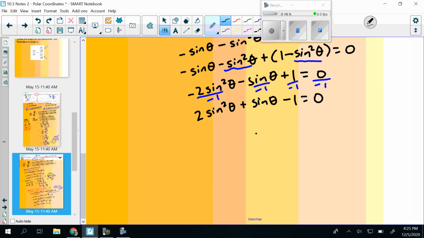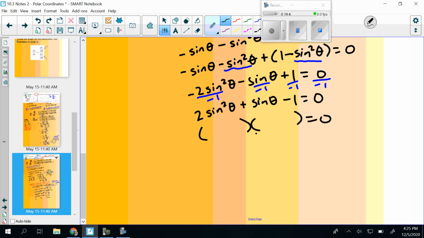This is now factorable. We can factor this one into two terms here. And so this would be a 2 sine theta times a sine theta. Now we got to figure out, well, how do we multiply to negative 1? It's got to be a plus 1 minus 1. So we want to put it in here so that that middle term ends up being positive. Let's try it this way.